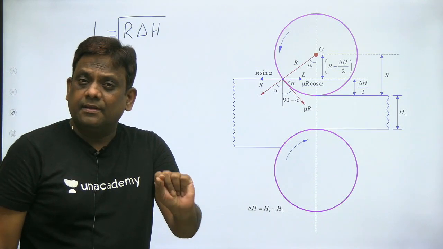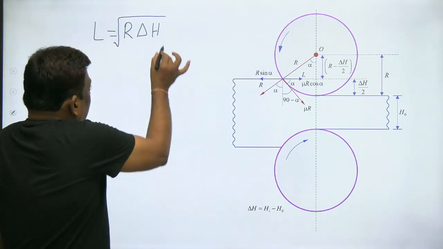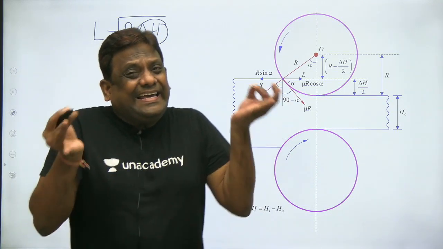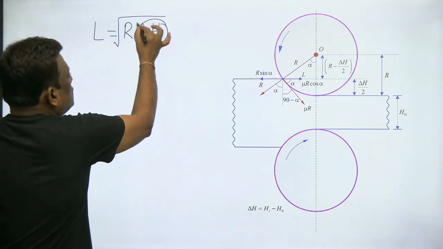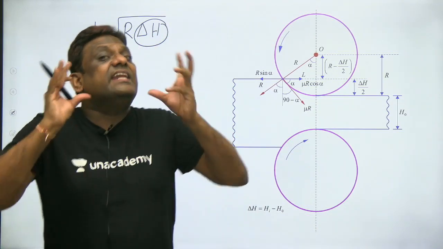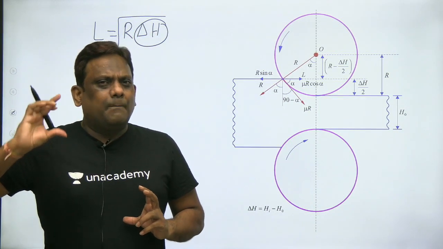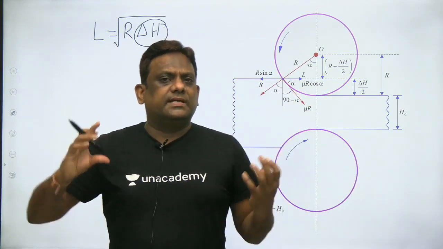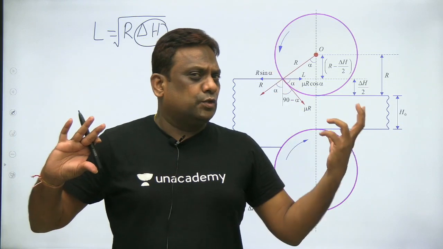Listen carefully. For a given reduction, I repeat, for a given reduction, if my delta H is fixed, let us say if I want to reduce the thickness of the strip from 25 to 22 mm, what is delta H? 25 minus 22, that is 3 mm.